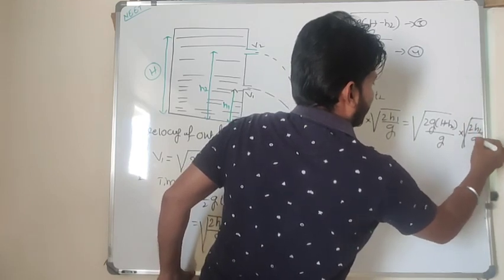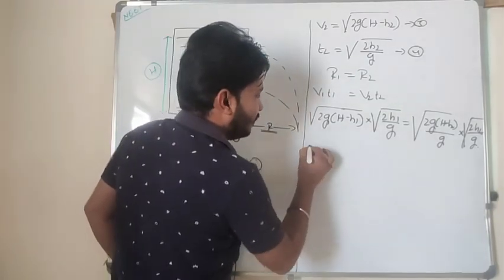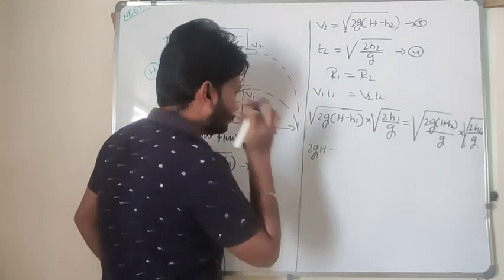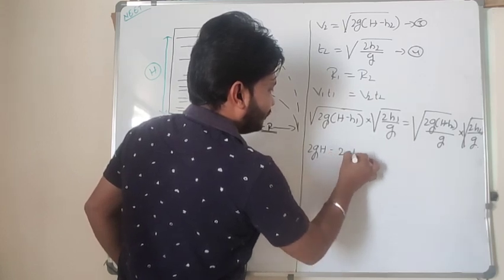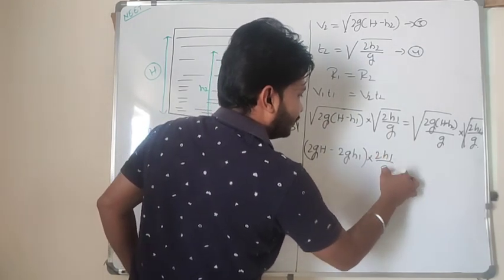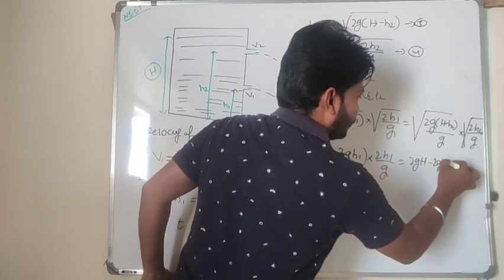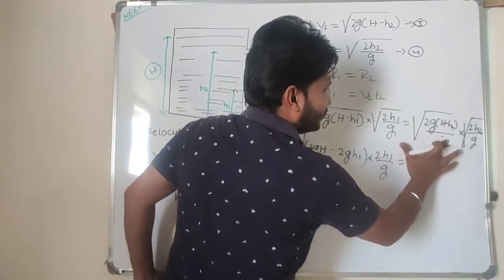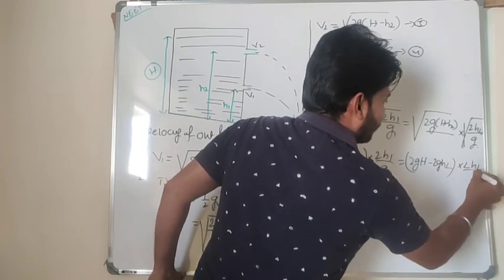If I take squaring on both sides, what happens? 2g (H minus h1) multiplied by 2 h1 by g, and similarly 2g (H minus h2) multiplied by 2 h2 by g.